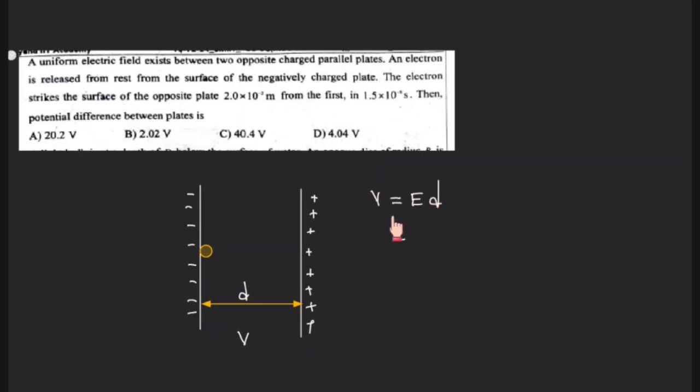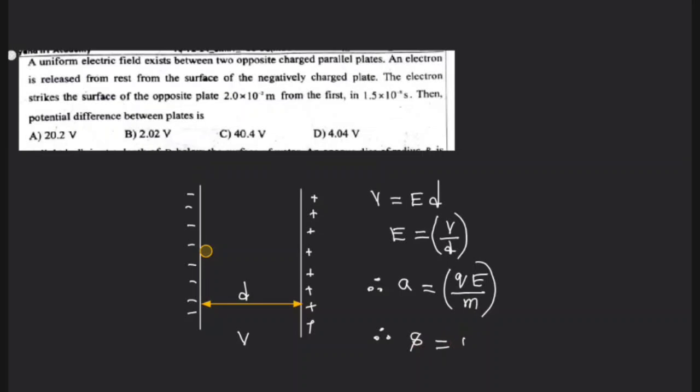So E is equal to V by D. This electric field will apply some force on it, therefore it gets acceleration. That acceleration A is equal to QE by M. Because of this acceleration, it will move from here to here and travel this much distance, starting from rest.